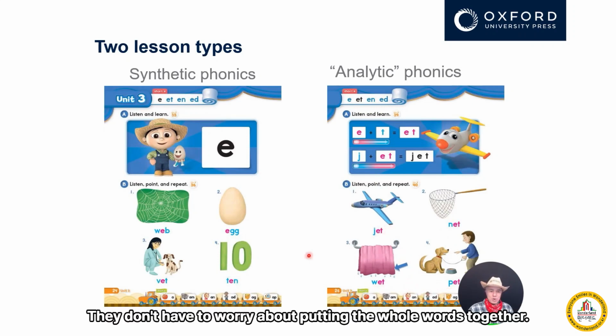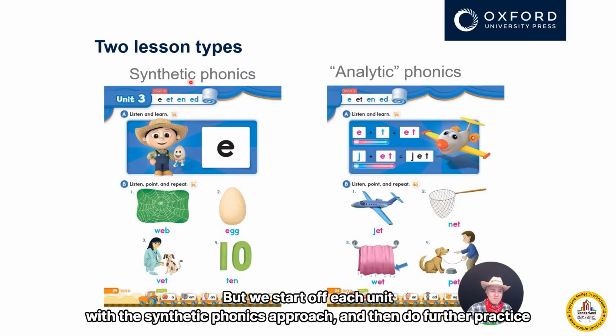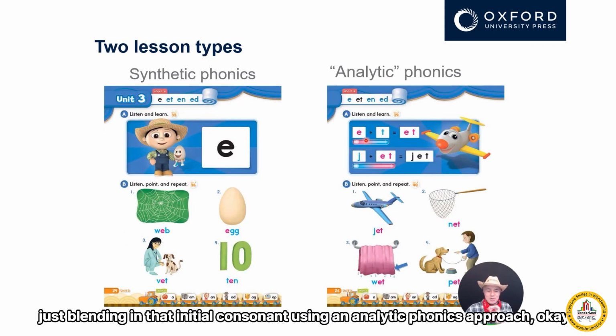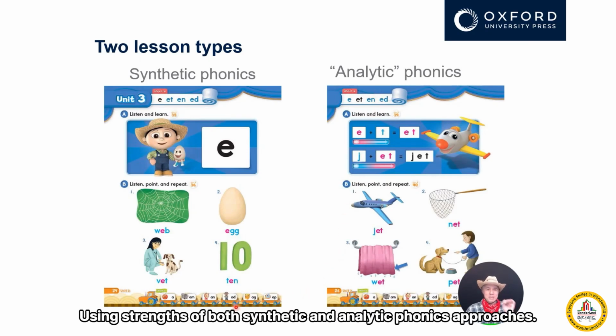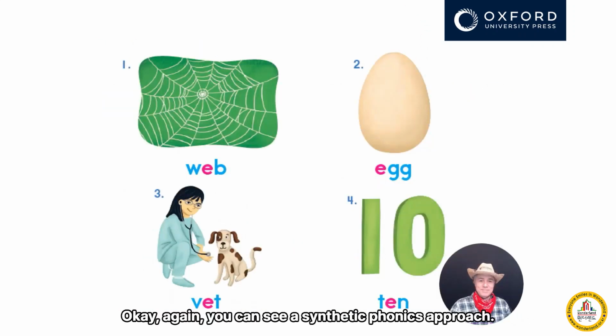Okay, they don't have to worry about putting the whole word together. But we start off each unit with the synthetic phonics approach and then do further practice just blending in that initial consonant using an analytic phonics approach. Okay, so using strengths of both the synthetic and analytic phonics approaches.